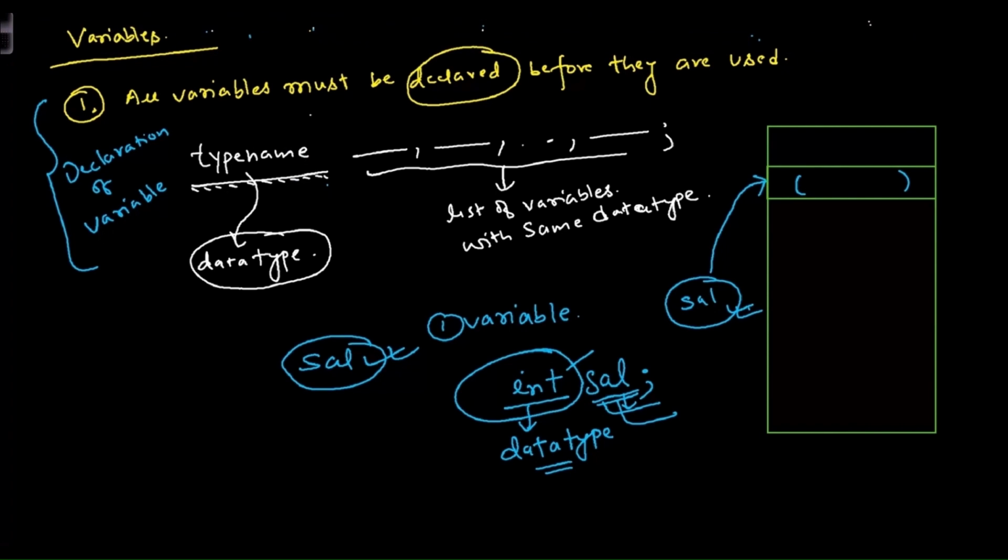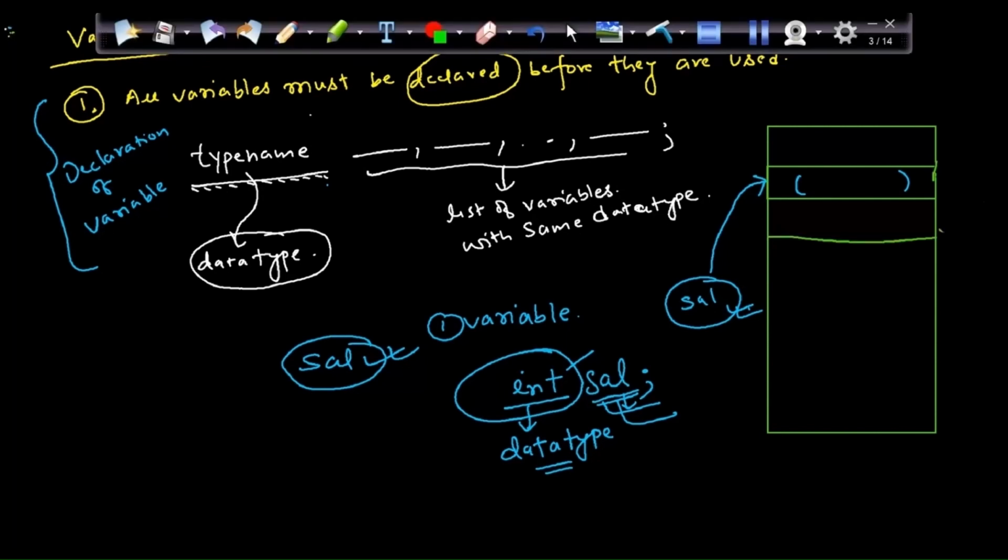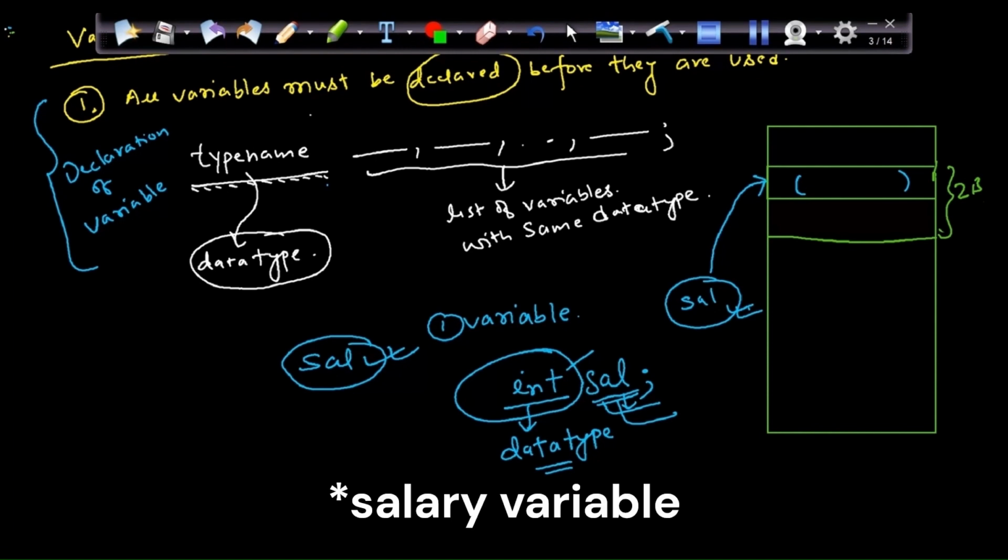If one location is 1 byte, let's suppose, then it will reserve basically 2 bytes for sal only. So these 2 bytes are reserved for this salary operation.